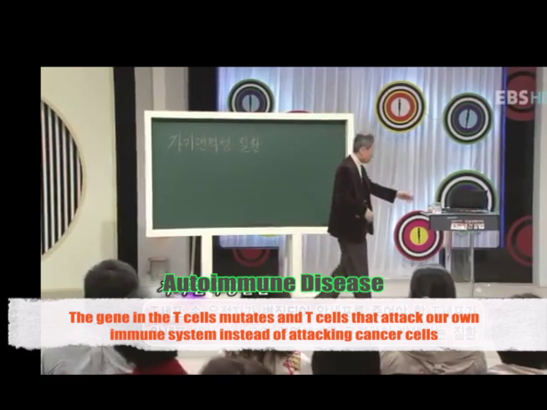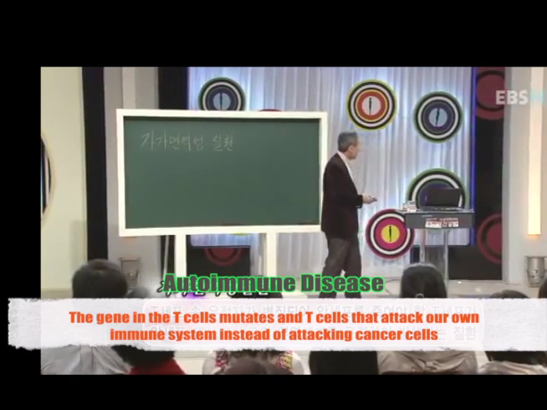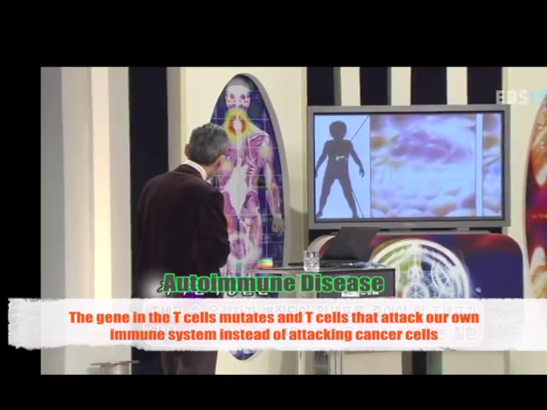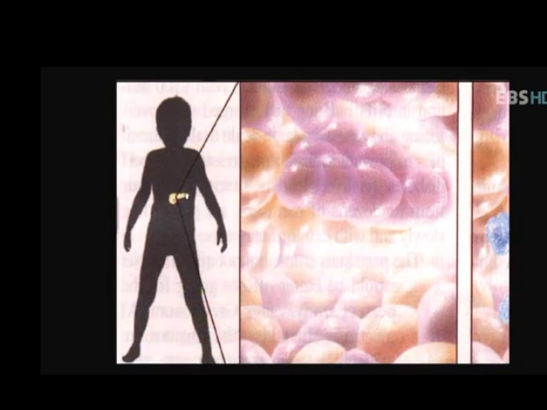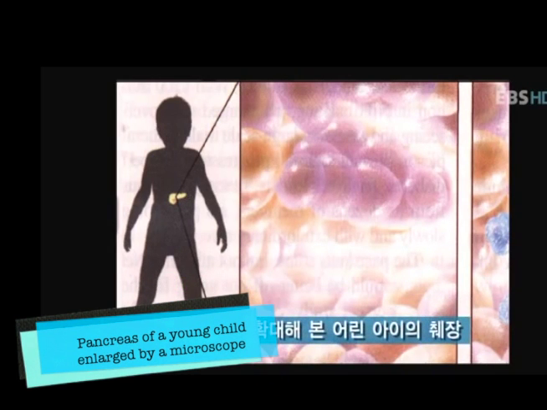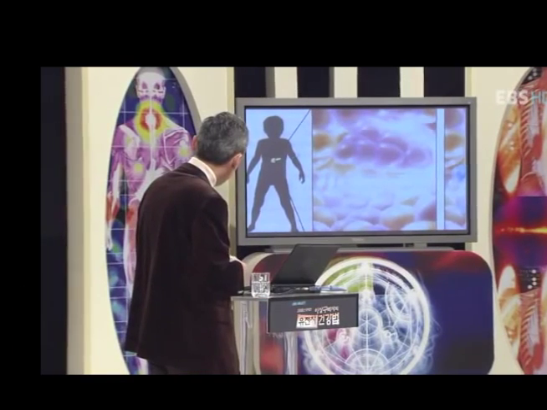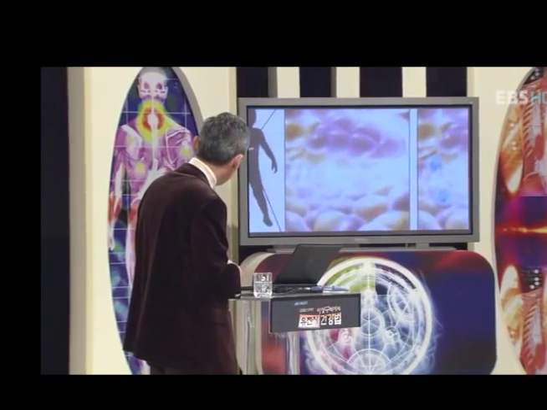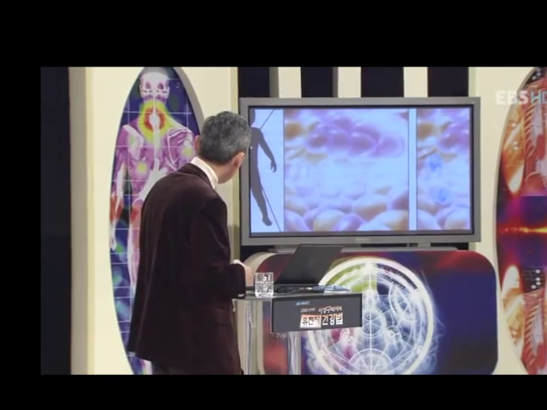Well, let's take a look at the picture first. When you look at this, what is this with this kid? They drew some kind of organ in the belly. It's the pancreas. We magnified it and it looks like this under a microscope. Look at this.